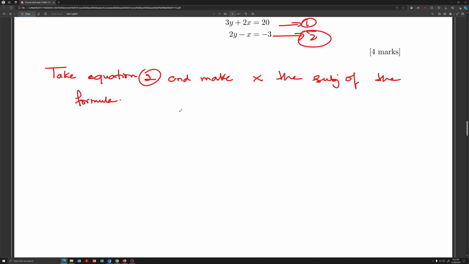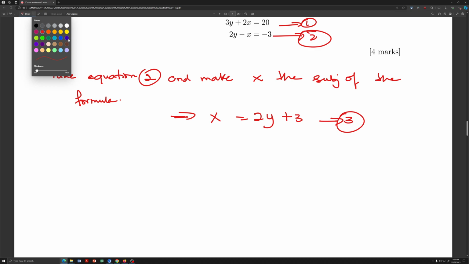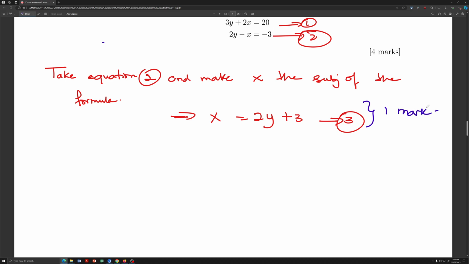Okay, when I do that, I'm going to get now that x is equal to 2y plus 3. Okay, let's call this equation number 3. Remember, this question is 4 marks. So let's see how these marks stack up. So let's just say for this, we get 1 mark.